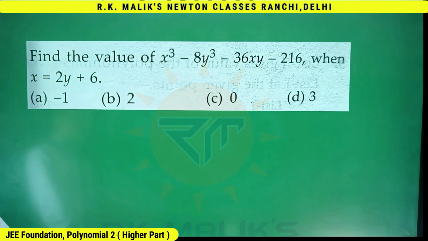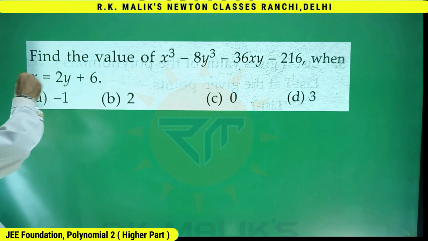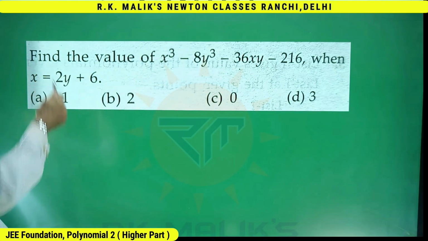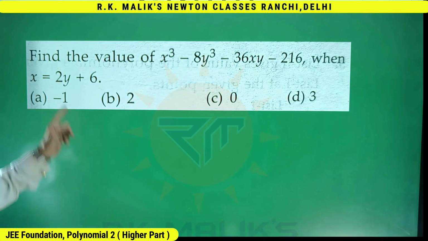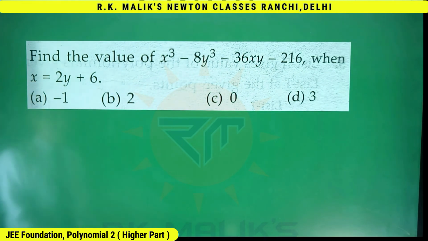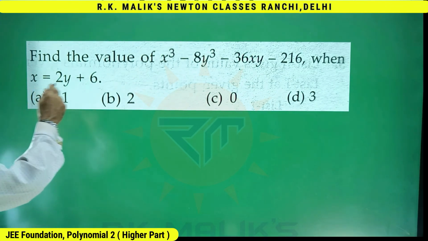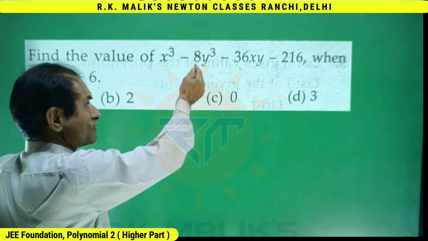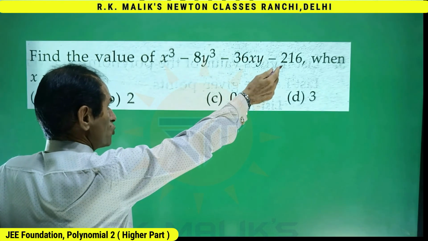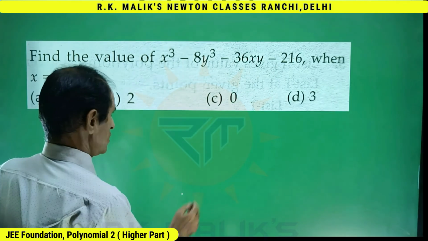Therefore, the main thing is I would like to take such values of x and y so that this condition should be satisfied. The simplest possible is to take y equal to 0 and x equal to 6. By taking y equal to 0, hence x will be 6, it will become 6 cube, 0, 0 minus 216, answer is 0.